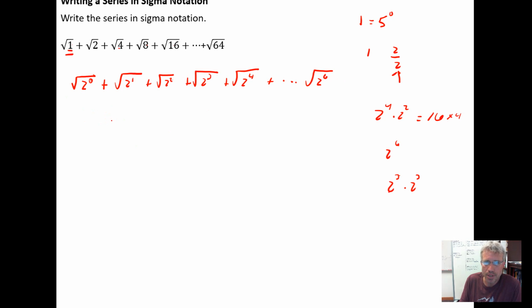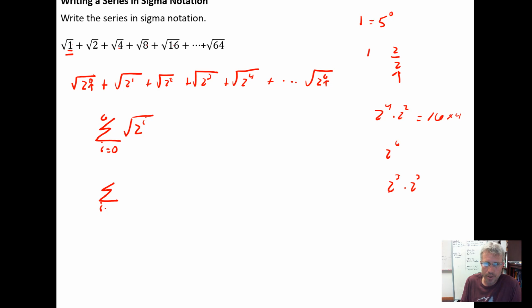So to represent this in summation notation, I'm going to take the sum from I equal 0 all the way out through I equal 6, because it's the exponent that's being incremented starting at 0. And then you're going to put the square root of 2 to the I, like that. And then you could ask yourself the question, could I write this differently if I wanted to?